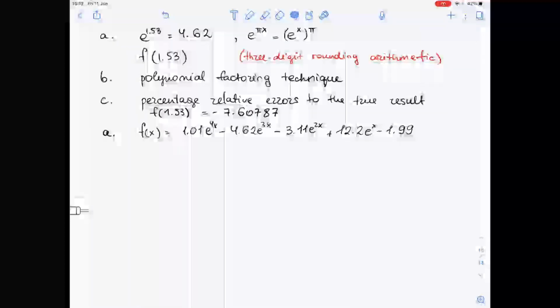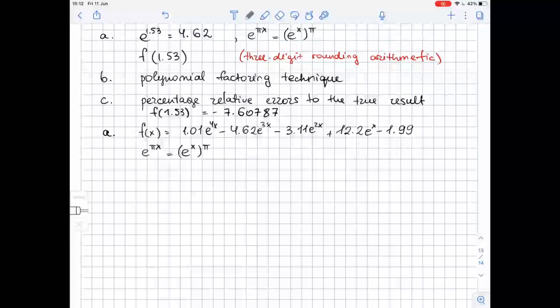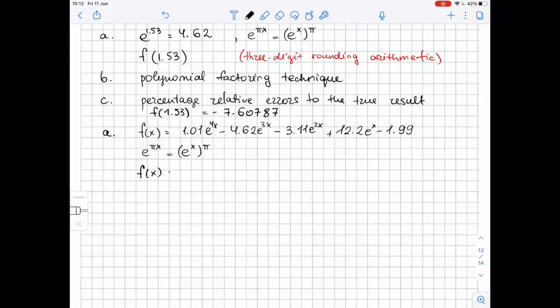Now the first thing we will do, we will use this fact that we were given in part A, this one, to rewrite our f of x as f of x equals 1.01 times e to the power of x to the power of 4 minus 4.62 times e to the power of x to the power of 3 minus 3.11 times e to the power of x to the power of 2 plus 12.2 times e to the power of x minus 1.99.